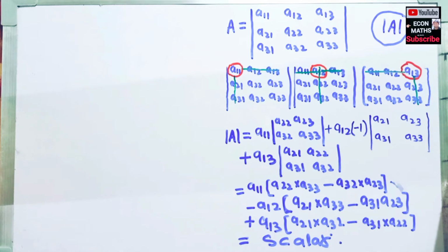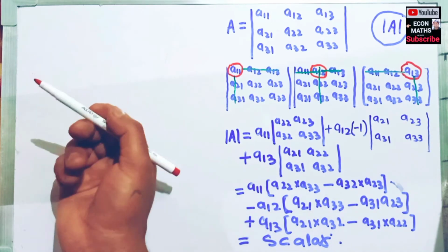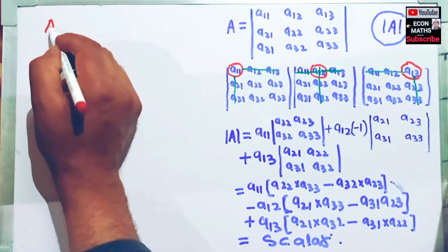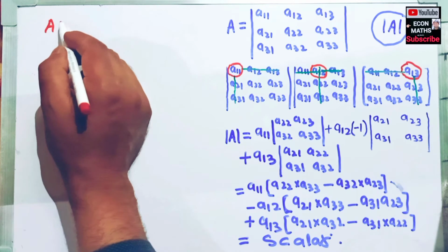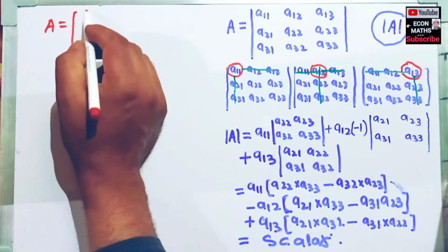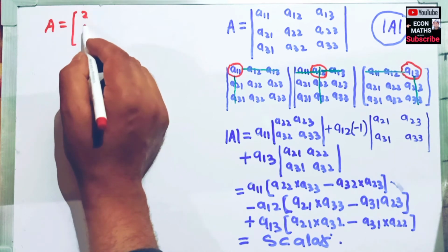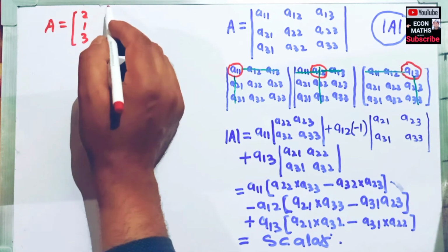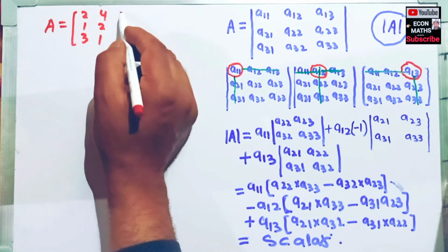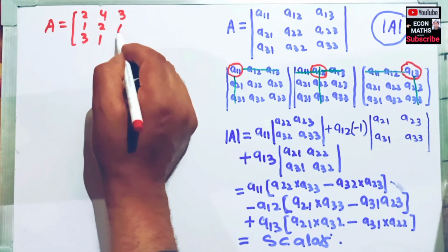Let us take this red color marker. Suppose I have a 3 by 3 matrix: the first row is 2 1 3, the second is 4 2 1, and the third is 3 6 5.